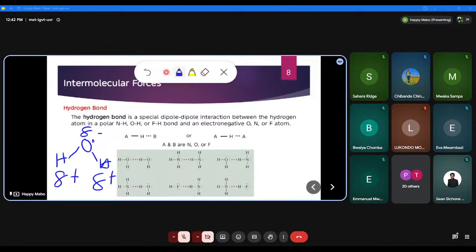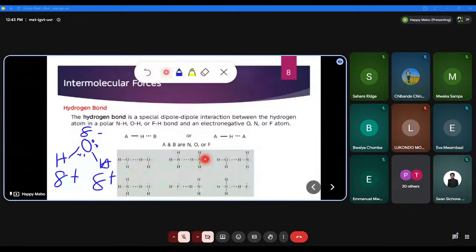But there are lone pairs of electrons on this oxygen atom. So the lone pairs of electrons on the oxygen atom on one of the water molecules can be used to form an interaction between this water molecule and the next water molecule. The lone pairs of electrons create an interaction with the positively charged atom of the next water molecule.